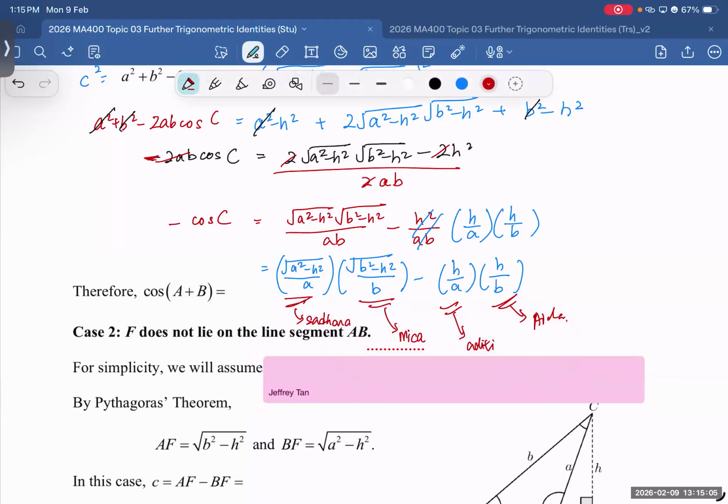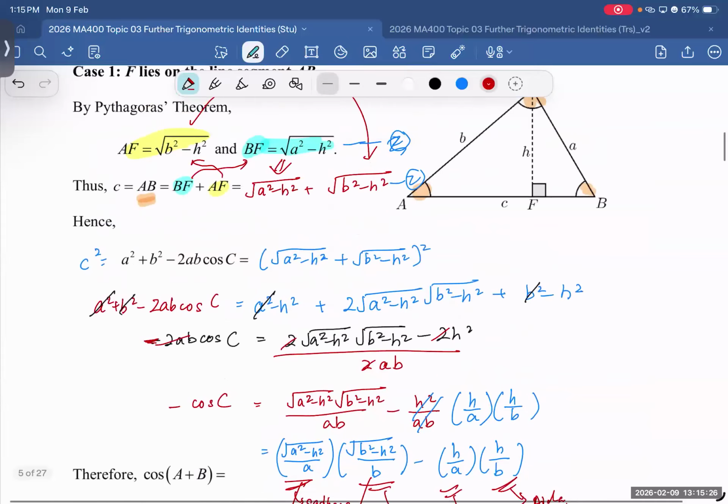Cosine C. Huh? Yours is cosine B. Okay, yours is cosine B, correct? What is Micah's, what's yours? Cosine A. Very good. So Micah says hers is cosine A, cosine B. Minus H over A is Aditi.